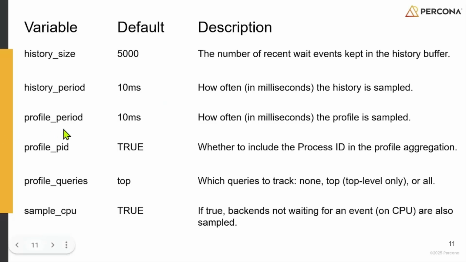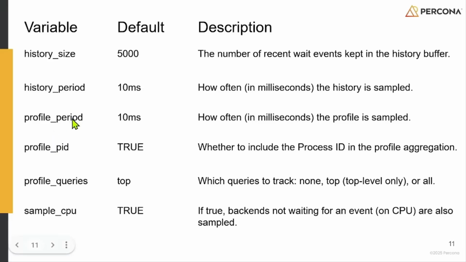And the profile period is similar to the history period. The collector process will wake up every 10 milliseconds by default, and the data, instead of being stored in the history buffer, which is a ring buffer, will be stored inside a hash table. So that will act as the summary information. The history is kind of time series data, continuous data, but the profile is summary information, which is a hash table, and the wait events will be incremented there.